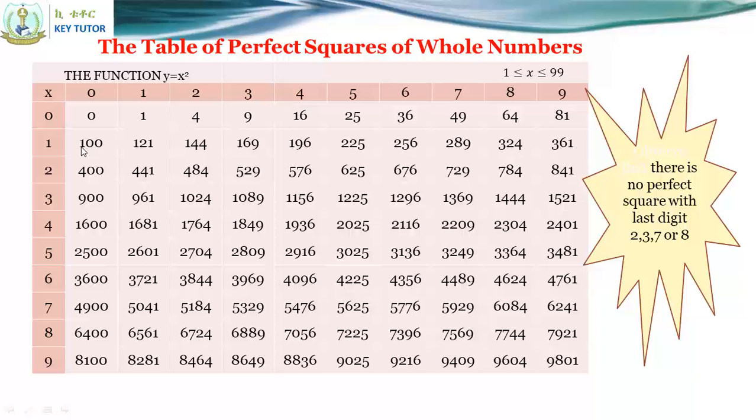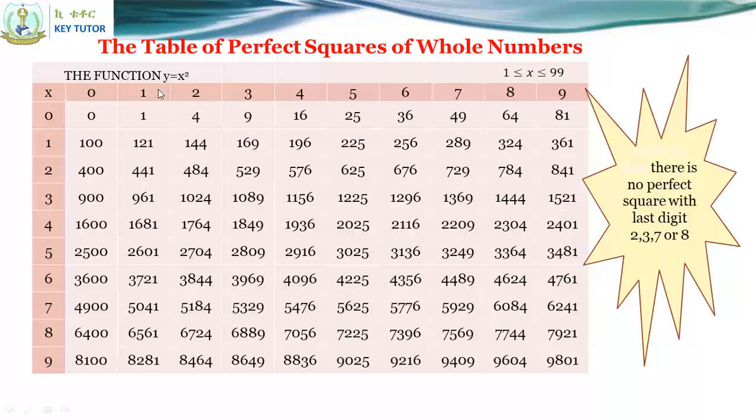Here 1 square, 2 square, 3 square, 4 square, and so on. And here you have 81, 9 square. Okay? But just for observation, the perfect squares in the column of 0, their last digits are 2 zeros.